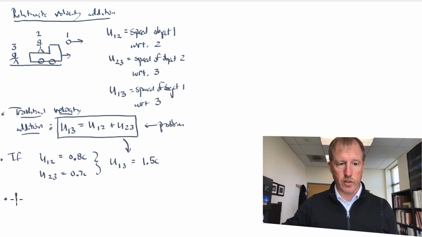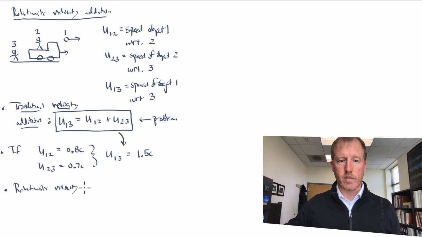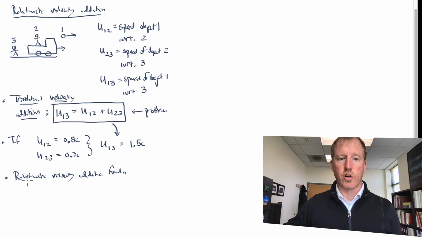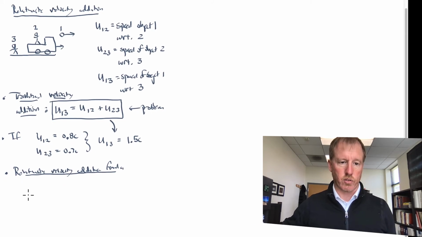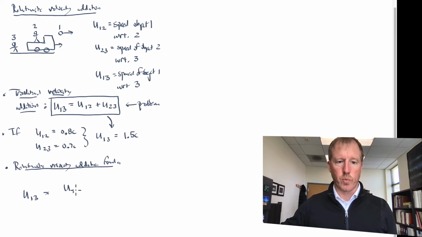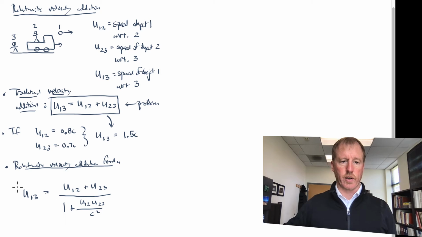Okay, so the relativistic velocity addition formula, which attempts to preserve this universal speed of light, looks like this. u13 is equal to, just like the old one, u12 plus u23, but then you divide it by this new factor, 1 plus u12 u23 divided by c squared. This will be the new formula that is consistent with Einstein's theory of relativity.